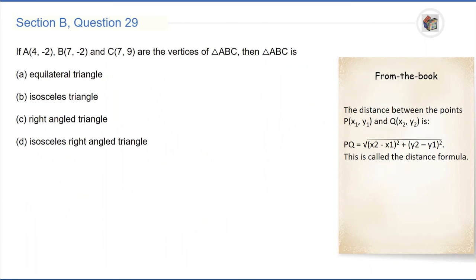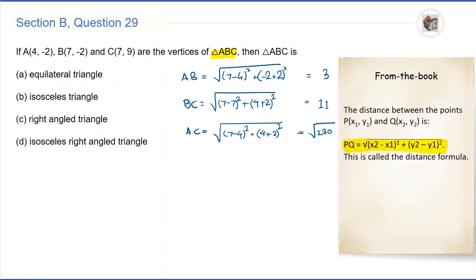Question 29. ABC, 3 vertices are given for a triangle ABC. We want to tell what kind of a triangle it is. So we can quickly find out the lengths of each of these sides, AB, BC and AC, using the distance formula, which was also used in another question in the exam. So just pause the video and then play it again to see the formula applied.